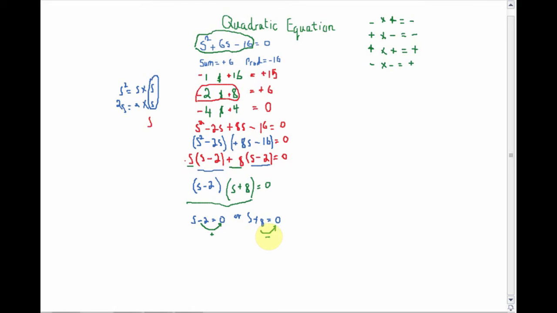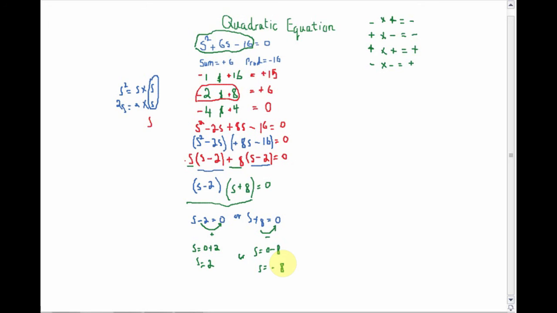So we'll be having x is equal to 0 plus 2, and x will be equal to 2. Likewise, x will be equal to 0 minus 8, and so x will be equal to minus 8.